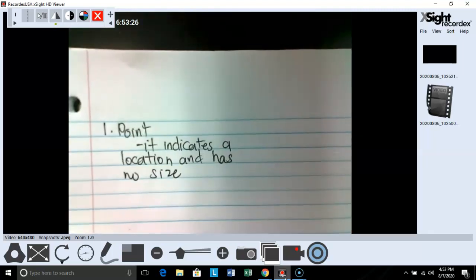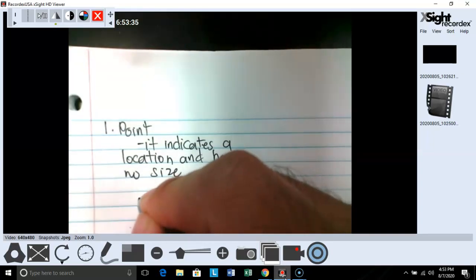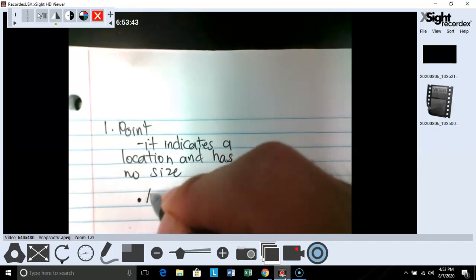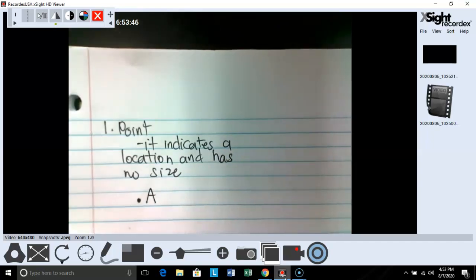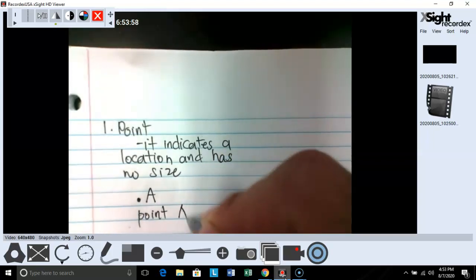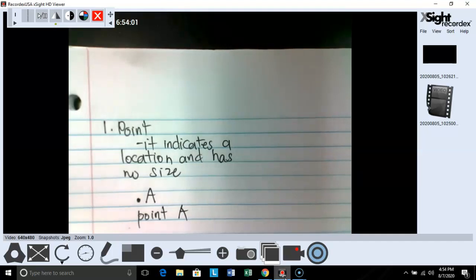So by definition, that's how we define a point, and it actually looks like a dot. So that's how we draw a point. And how we label it, we just use a capital letter. So that's how we assign a letter to a point, and we name this one as point A. So again, we have the definition, the drawing, and the naming of the point.